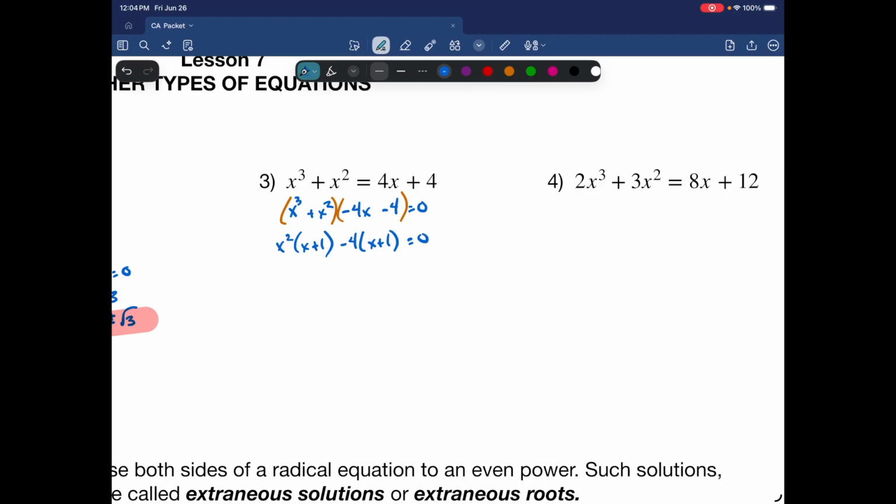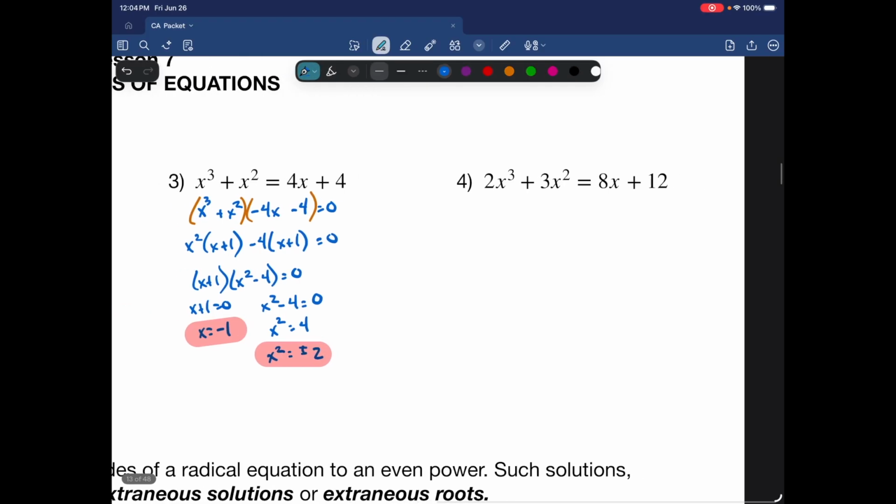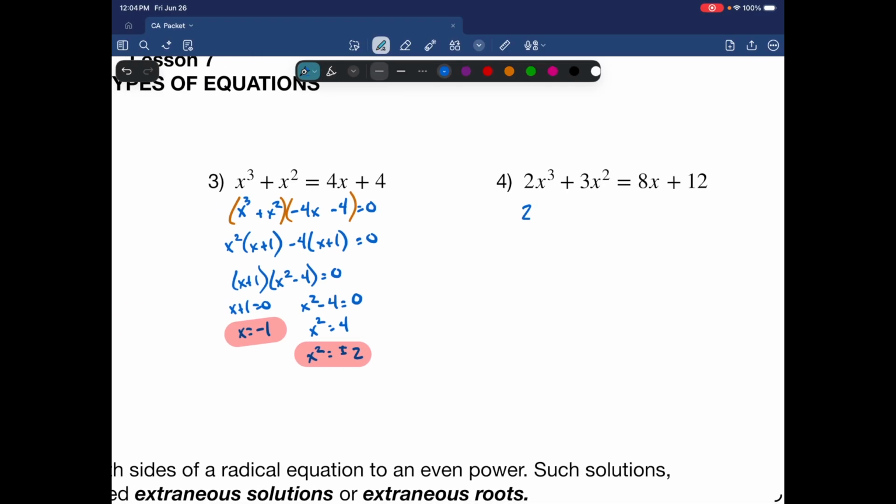Both terms have an x plus 1 in common, so I'm going to pull that out front and put the other pieces together. So you got x plus 1 and x squared minus 4 equals 0. Set them both equal to 0. X plus 1 equals 0, so x equals negative 1. X squared minus 4 equals 0, so x squared equals 4 and x equals plus or minus 2. Nothing to it. Just make sure everything's on the same side, and then do what you need to do.